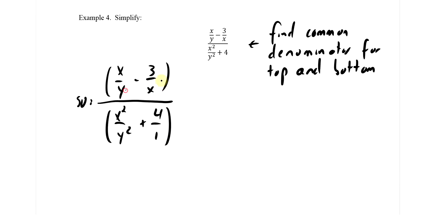So what's the common denominator here? Well, this is an x, this is a y. What we need here in this denominator, it needs an x, this one needs a y. So what do we have? We'll multiply this top and bottom by x over x. And then the 3 over x we need to multiply by the denominator of the other thing, which is a y.